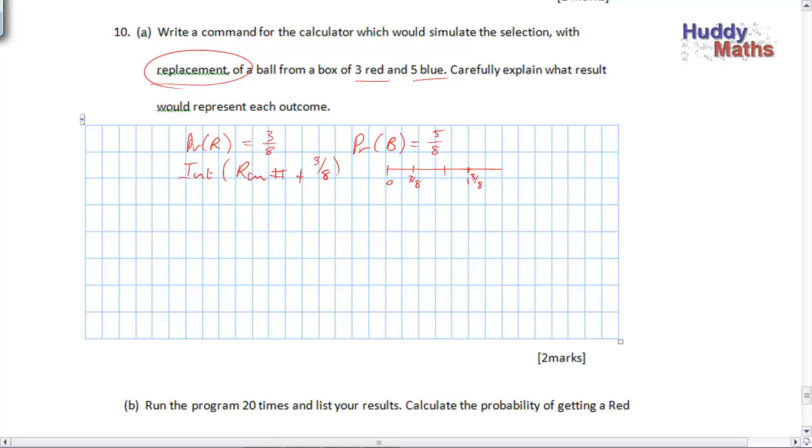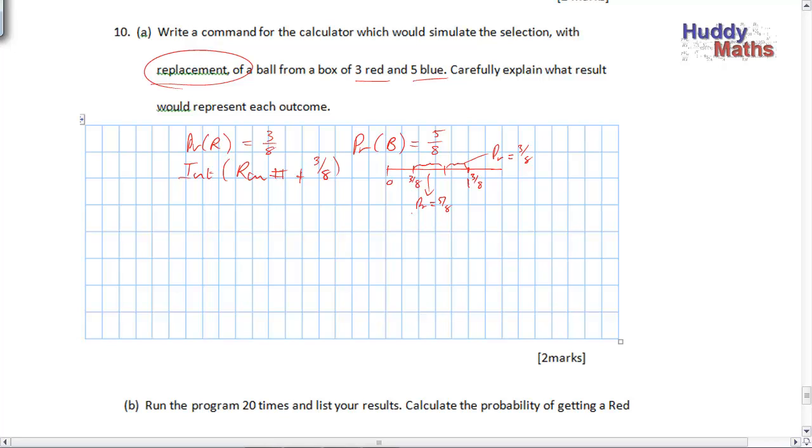So this little gap here is 5/8 wide, and this is 3/8 wide. So overall, the numbers generated in this region have a probability of 5/8, and this region of numbers has a probability equal to 3/8.